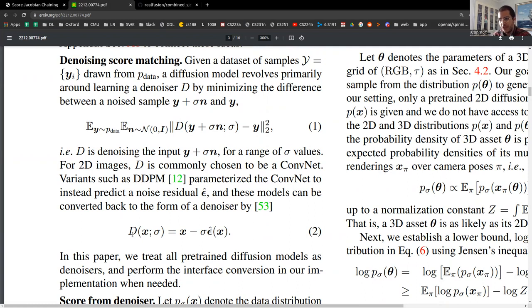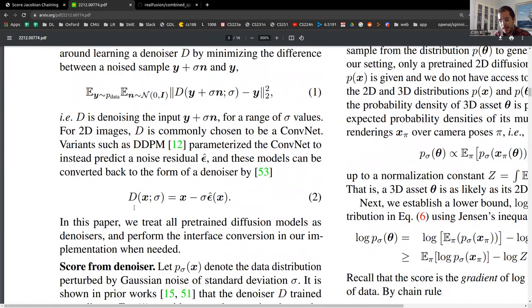So here, x minus variance multiplied by the noise means that this is a non-classical way of modeling. This is a non-classical diffusion model where I'm trying to directly understand the 2D image instead of predicting the noise.